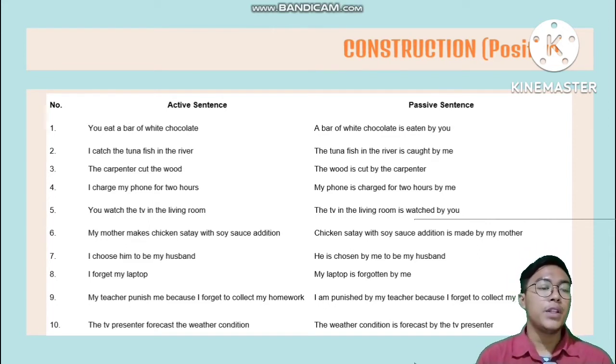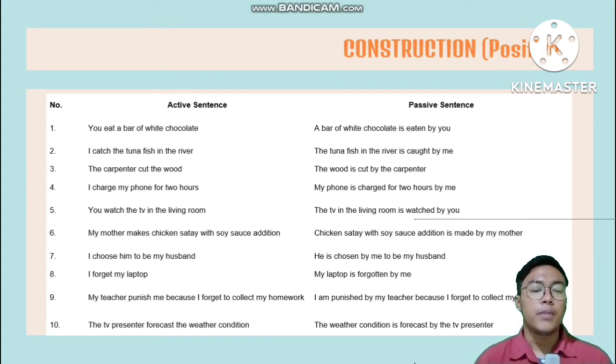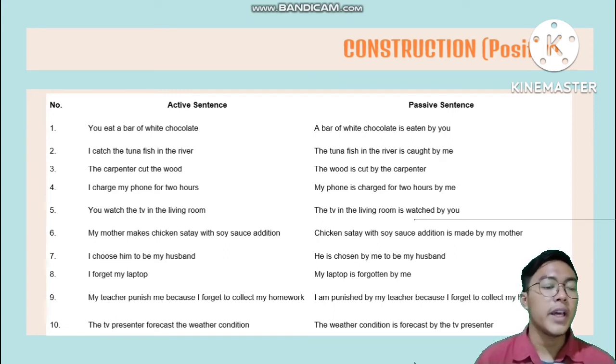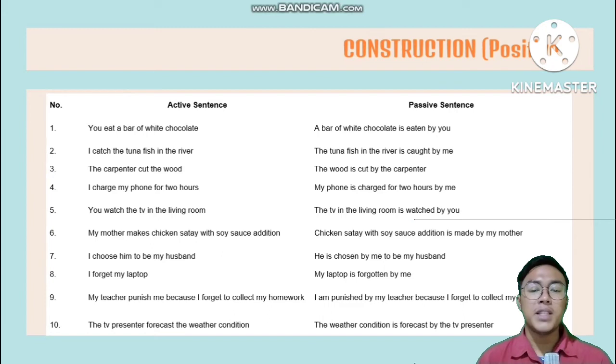For example, you eat a bar of white chocolate. In the passive sentence, a bar of white chocolate is eaten by you. And the second one, I catch the tuna fish in the river. And the passive sentence, the tuna fish in the river is caught by me.